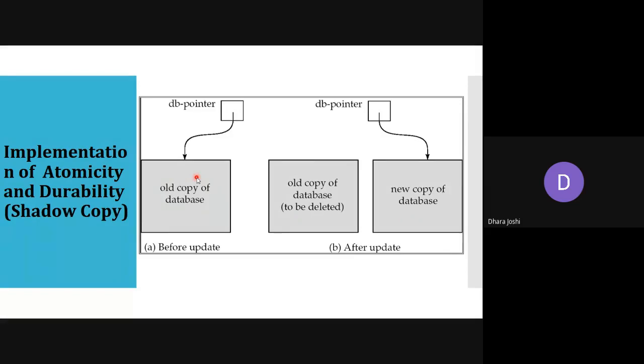Suppose after one transaction is done, it is not directly reflected in the database, but goes to a buffer or temporary file, which we call the new copy of the database. Once the transaction is committed or successful and we want to save it, the database pointer will point to this new temporary or buffer file and the old copy will be deleted. This is a very inefficient method, which is called shadow copy.